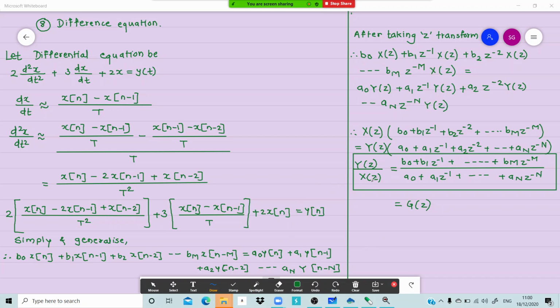So this is the way, like in your S domain, whatever was the differential equation, you are writing that into the S domain and you are writing the transfer function. On the same line we did, only the differential equation first we try to write in difference equation and then we are over here. So we'll see one or two applications of this, so it will be easy for us to understand this thing.